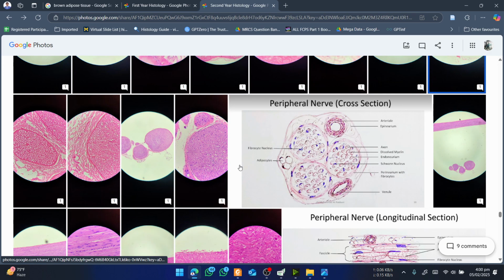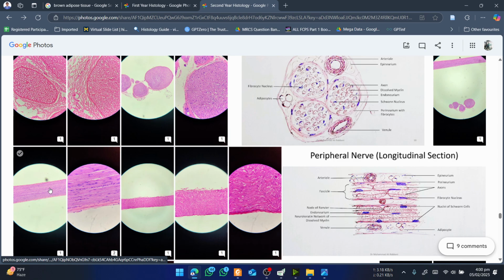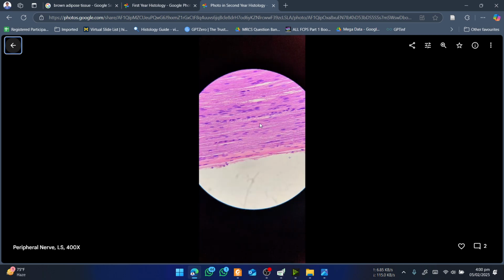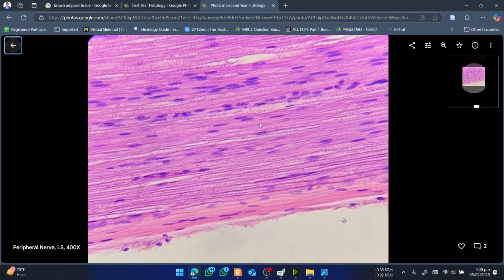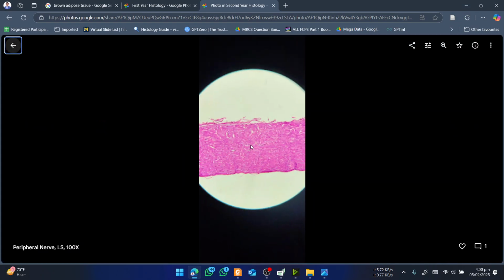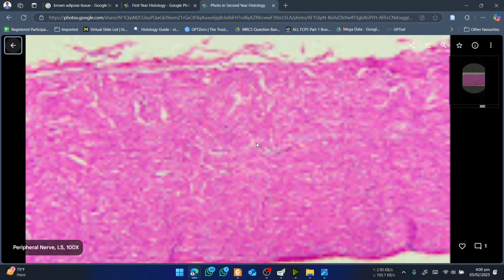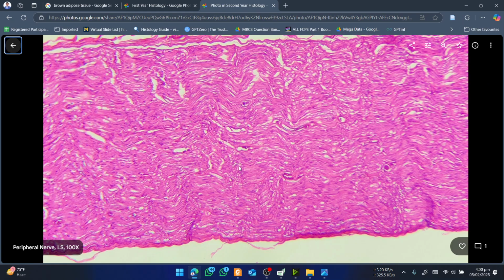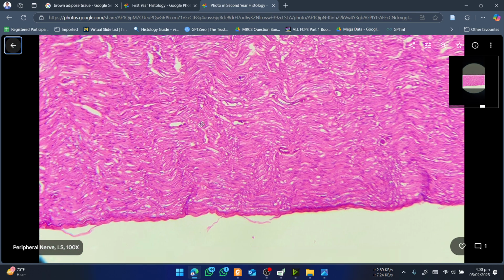This is the nerve, and when we see the longitudinal section, this becomes a little tricky when you focus it, and you will have to look at it in a little depth. You may identify axons, and they're surrounded by myelin sheath. So this is a picture that gets confused with the dense regular connective tissue.